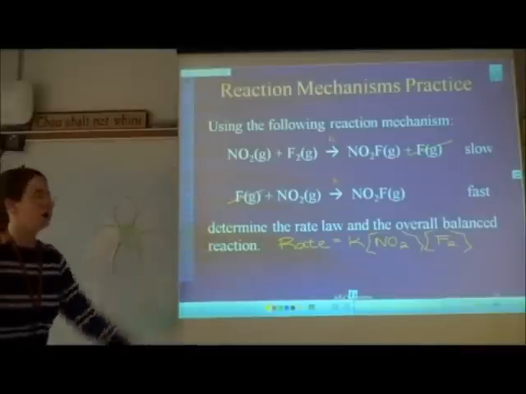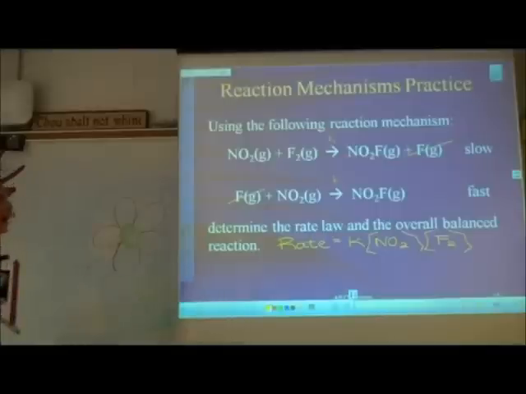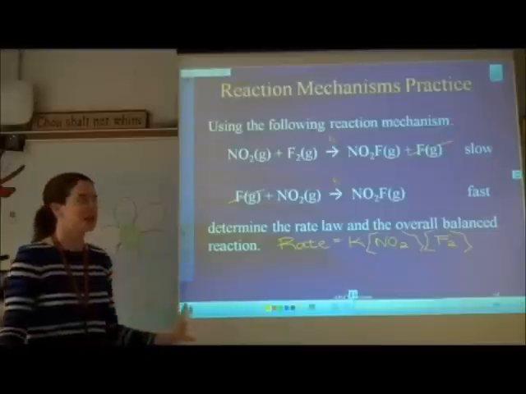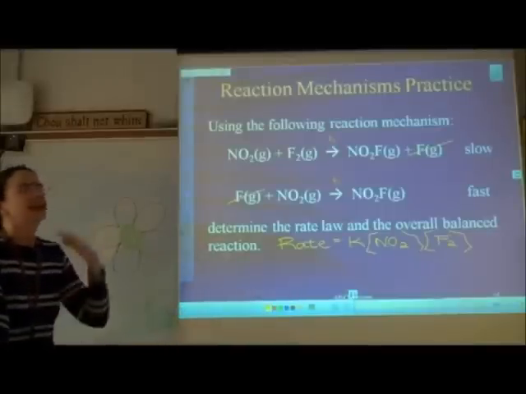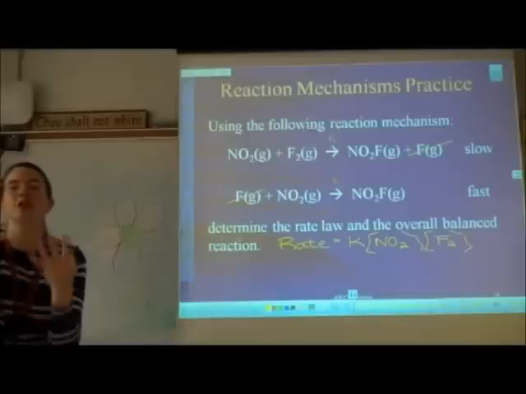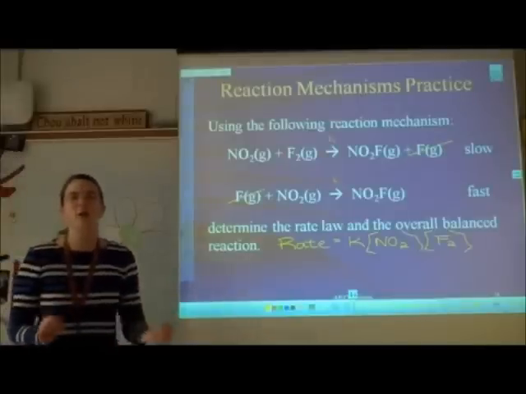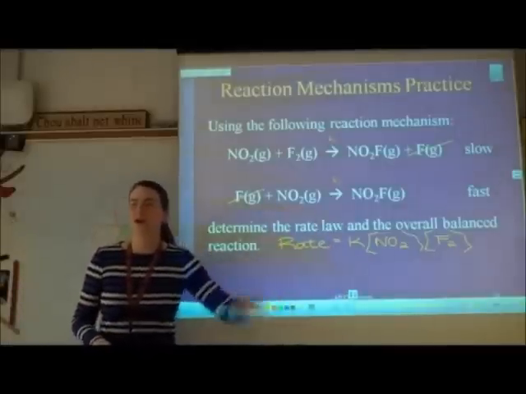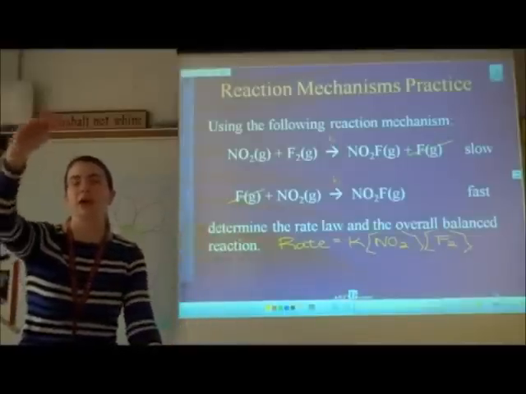Maybe that wasn't as mind-blowing as I thought. I was amazed the first time I heard that. Let me explain why I think that's such a powerful thing. Think about what we've had to do to find rate laws so far. We've either had to look at a table of data and compare line by line.